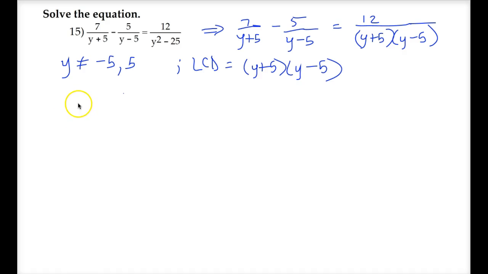Okay, so now that we have figured out what we can't have for solutions and what our LCD is, we're going to multiply both sides of this equation by the LCD in order to get rid of the fractions.